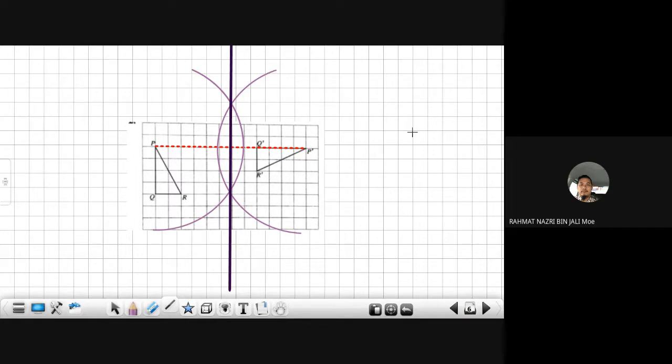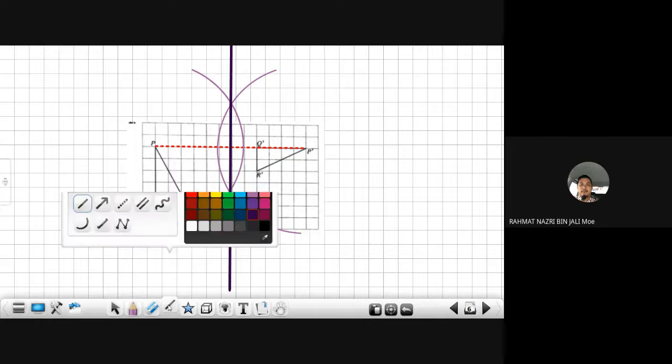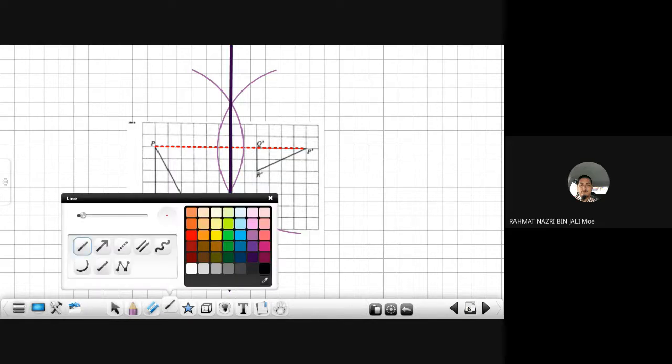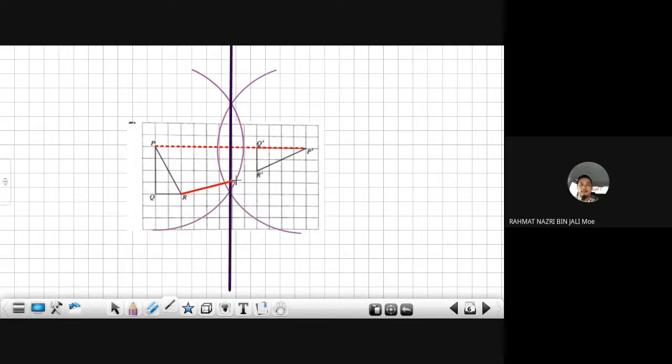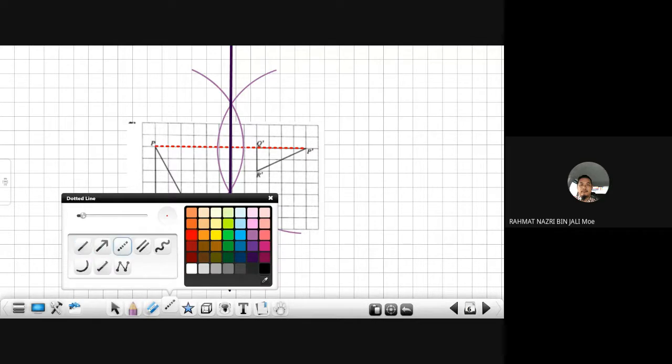Okay, the next step we are looking for the second perpendicular bisector from R and R prime. Okay, cara yang sama juga. We draw the straight line R to R prime. Saya guna dotted tadi ya.